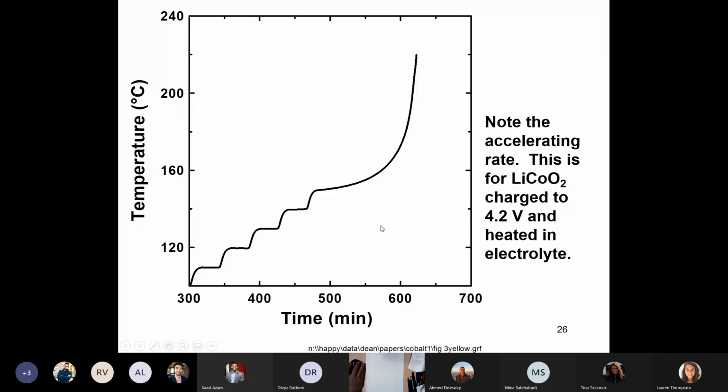If you charge it to higher voltage, it will begin reacting at a lower temperature. The key is to try to understand these curves and learn about the reaction kinetics going on between the charged electrode material and the electrolyte, and then be able to make some predictions about what real cells should do with those reaction kinetics in hand.